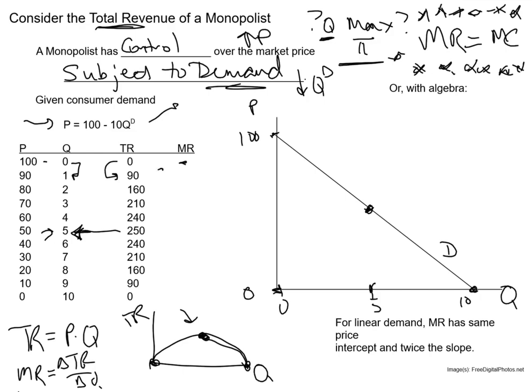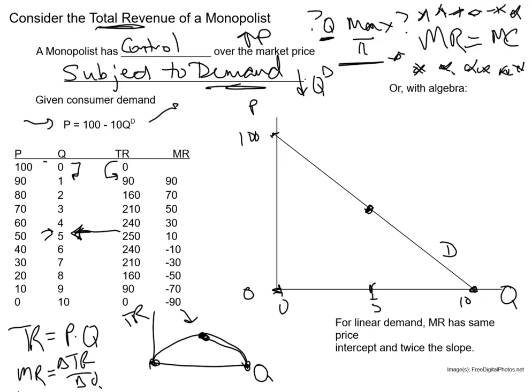So that's equal to 90 minus 0 divided by 1 minus 0, which is 90. Marginal revenue is 90 for that first quantity. For the second quantity, again, the long version for one quick second: 160 minus 90 divided by 2 minus 1. Mathematically, this is 70. And, real quick, take a second and fill out the rest of this list.